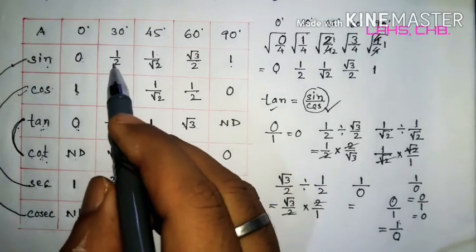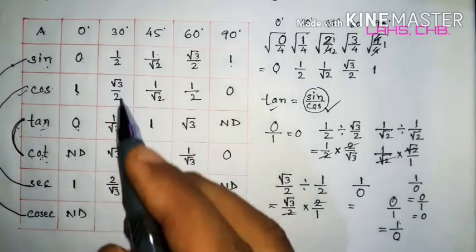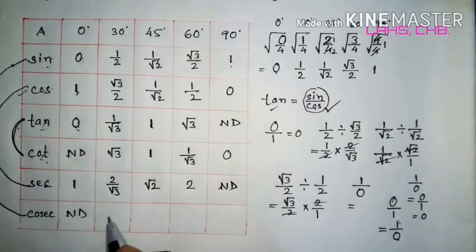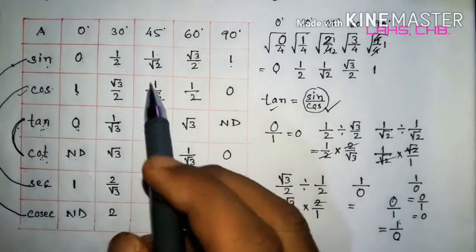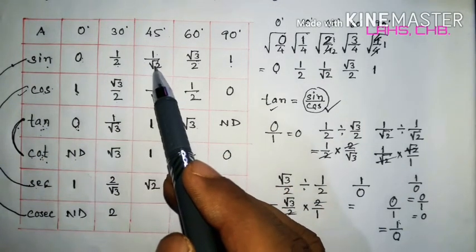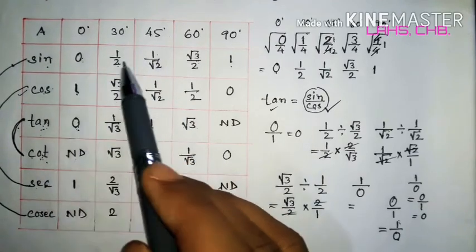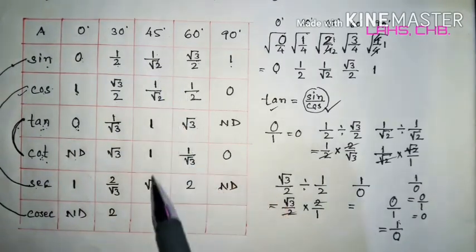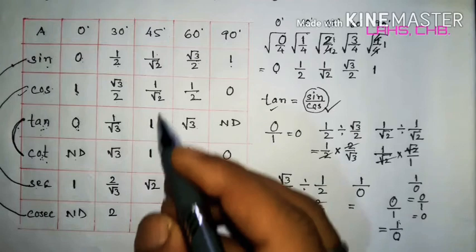And the reciprocal of sine 30 will give the value of cosec 30. 1 by 2 becomes 2 by 1. We are not going to write 1 at the denominator place. In the same way, the reciprocal of the value of sine 45 gives cosec 45.